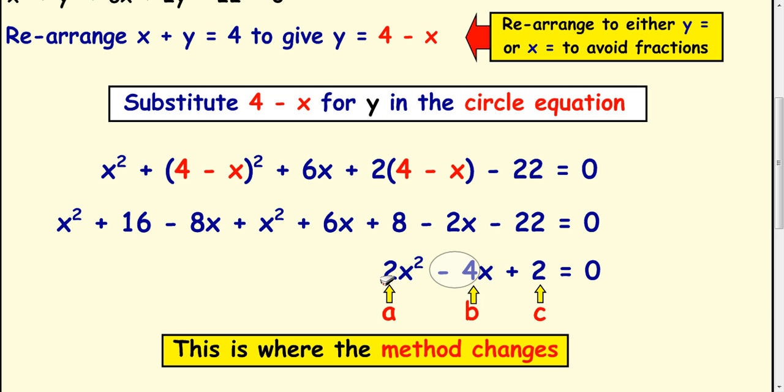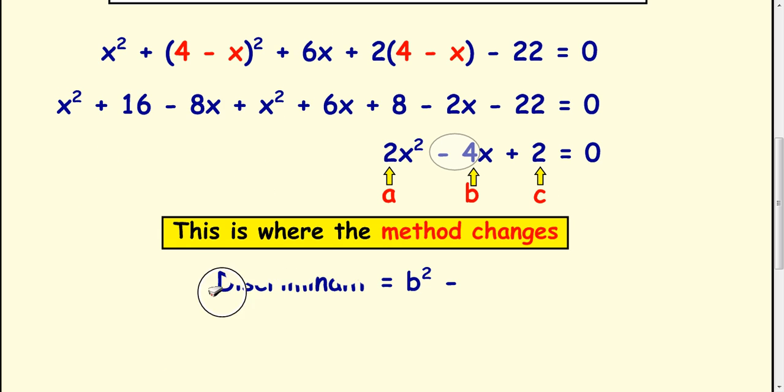It's very similar to just using the discriminant for your quadratics, finding if it crosses the x-axis once, twice, or not at all. So a is 2, b is the coefficient of x, which is minus 4, and c is 2. Now, the discriminant is equal to b squared minus 4ac, and if it comes to 0, then there's one point of contact.